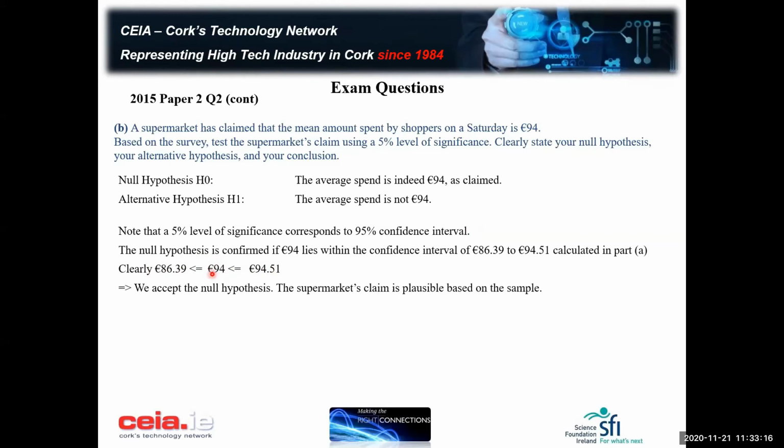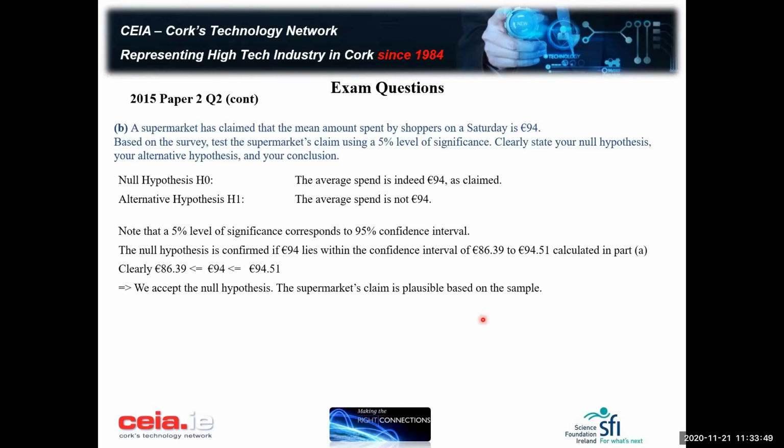Clearly, 94 euros lies within that confidence interval, and that confirms the null hypothesis, or at least it's consistent with the null hypothesis, subject to 95% confidence. And that means we accept the null hypothesis. We don't have a good reason to reject it. And that means the supermarket's claim is plausible based on our measured sample.